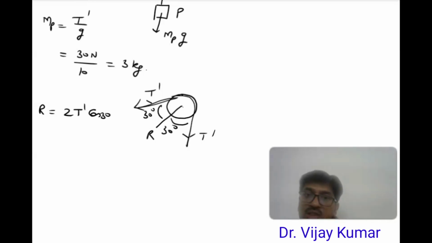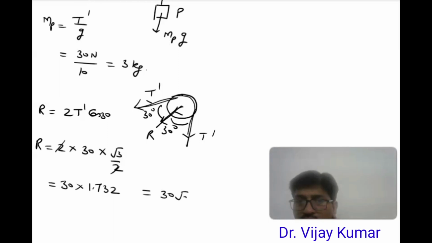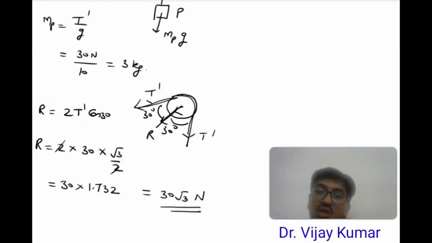The component of this T dash in this direction is T dash cos 30, and the component of the other T dash in this direction is again T dash cos 30. So R equals 2 T dash cos 30. With T dash as 30 Newton and cos 30 as root 3 upon 2, the 2 cancels out. 30 into root 3 means 1.732, or we can also write 30 root 3 Newton. This is the reaction which will work on the pulley due to these two tensions of the string.